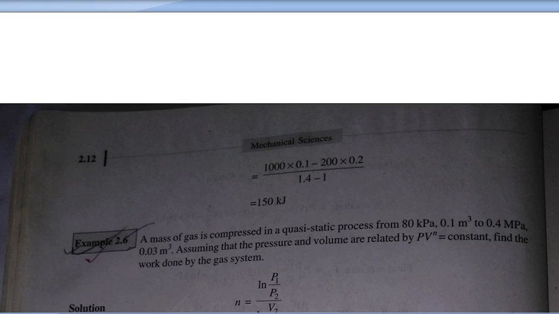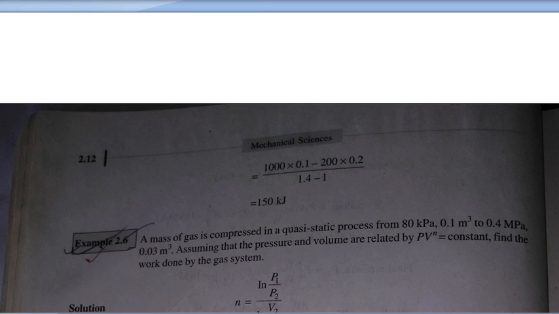First of all, please go through the problem, pause my video and solve it yourself, then come back and check the solution. Assuming that the pressure and volume are related by PV to the power n is equal to constant, find the work done by the gas system.